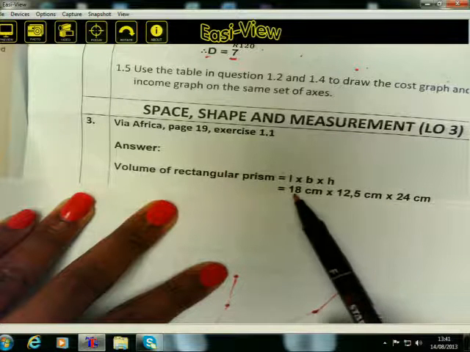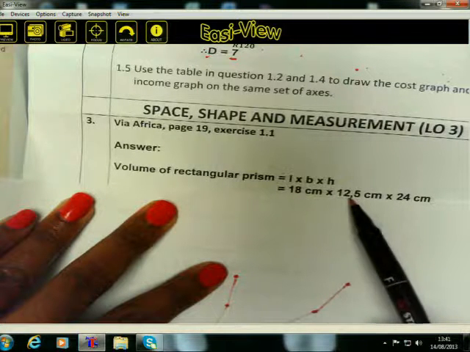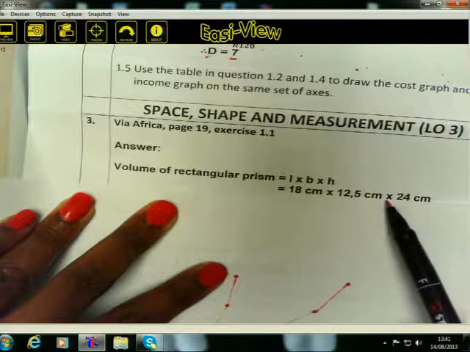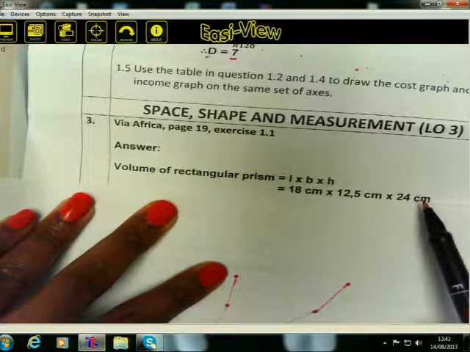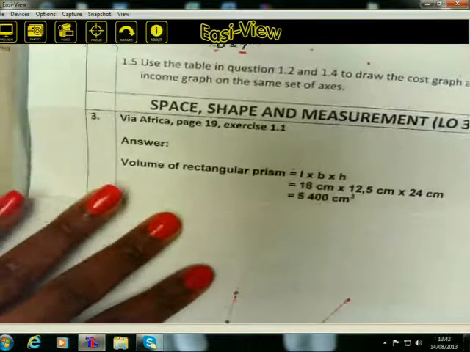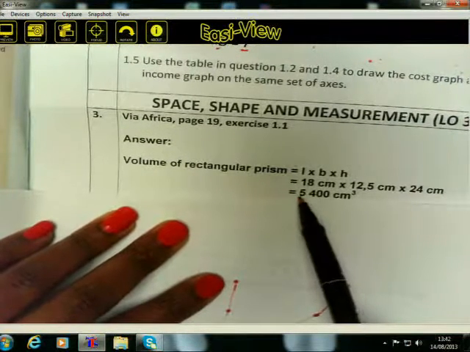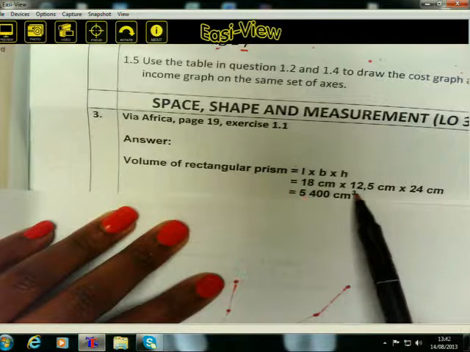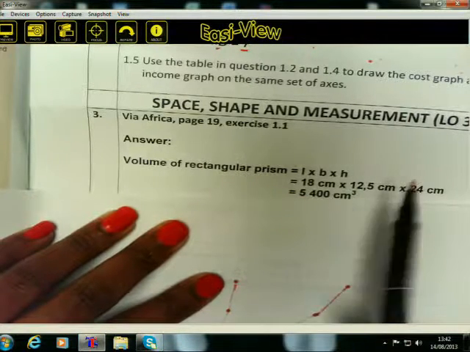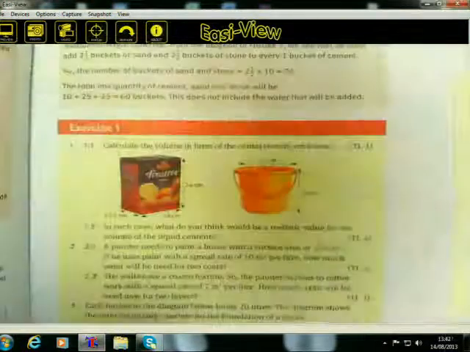We have 18 centimeters multiplied by 12,5 centimeters multiplied by 24 centimeters. If you multiply all three, your answer will be 5,400 cubic centimeters.